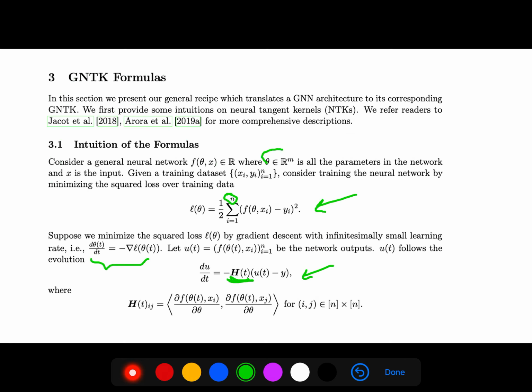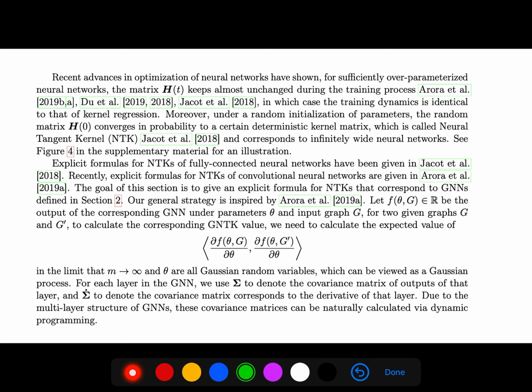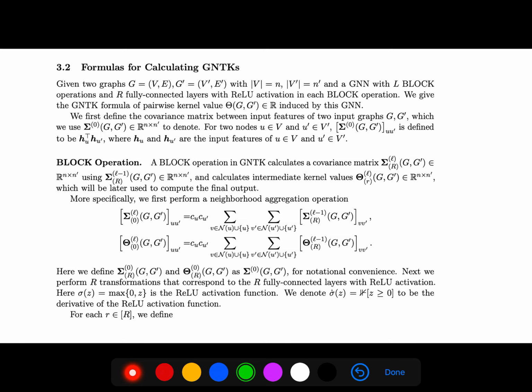So m is the size of your theta, and theta are all Gaussian random variables. So when m goes to infinity, it can be viewed as a Gaussian process. This is the main idea of the neural tangent. And now you know the idea.